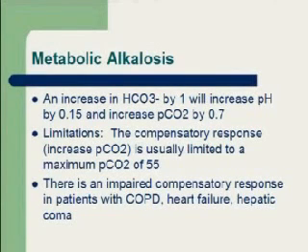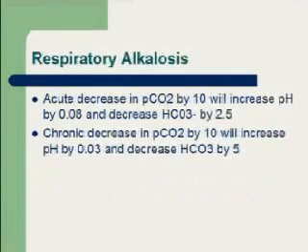Some limitations: the compensatory response that increases the partial CO2, or PCO2, level is usually limited by a maximum PCO2 of 55. There is an impaired compensatory response in patients with chronic obstructive pulmonary disease, heart failure, and hepatic coma.